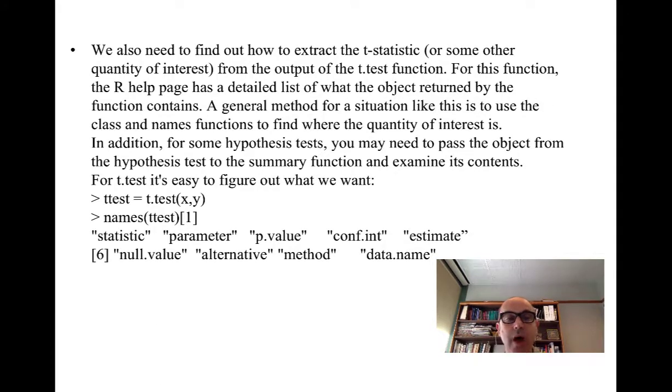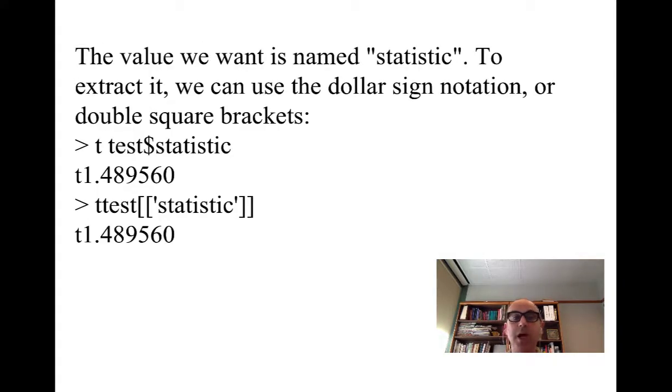So we need to have more ideas about that, and we need to have some sense, and I gave you this example with regard to what it really means. In this case, the value we want is named statistic. To extract that, we can use the dollar sign notation or double square brackets.